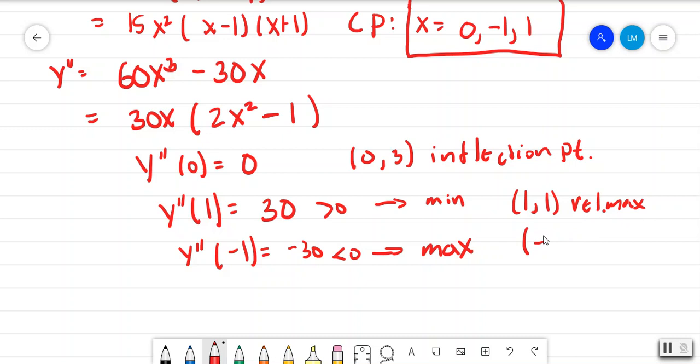And then (-1, 5), actually this was the relative min, wasn't it? Yeah. So we have that this is going to be the relative min, and then we have that this is going to be the relative max.